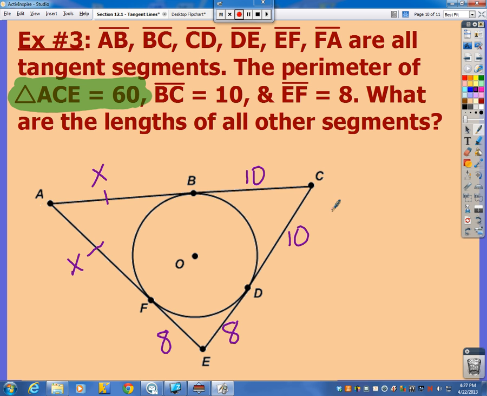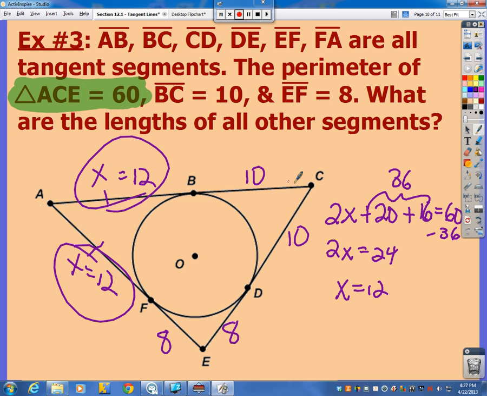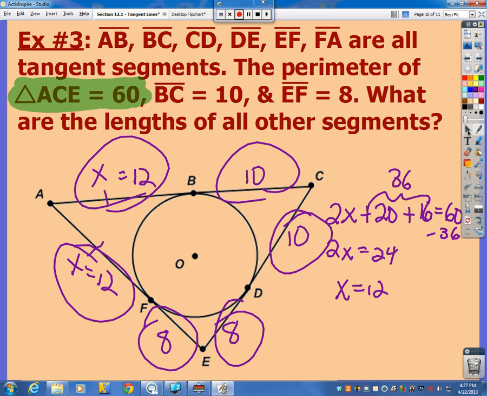So we have x and x makes 2x, 10 and 10 makes 20, and 8 and 8 makes 16, and we know all that needs to be 60. So that makes 36, so if I subtract 36 over, that gives me 24, and divide that by 2, so each one of these 2 pieces must be 12 and 12. And there now are all 6 segments of that triangle.